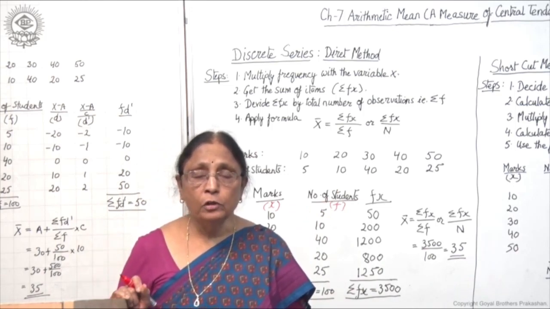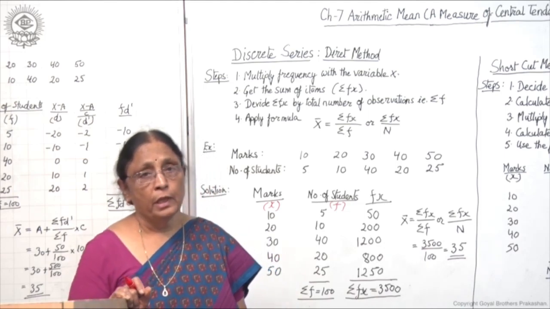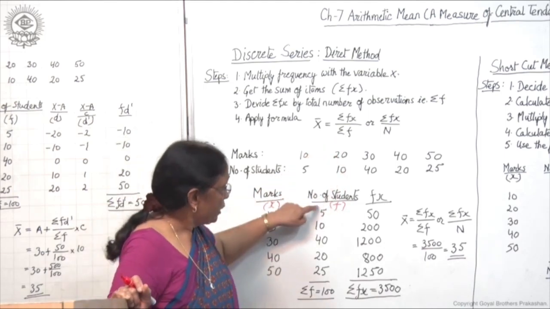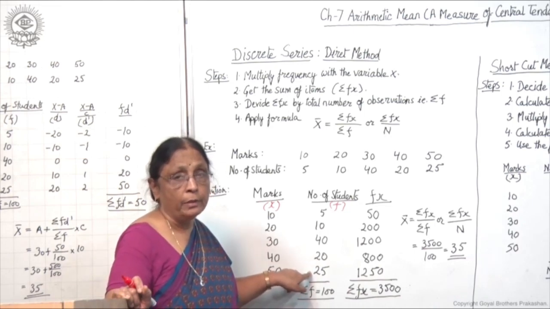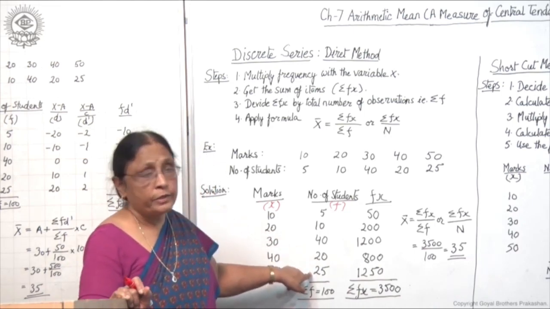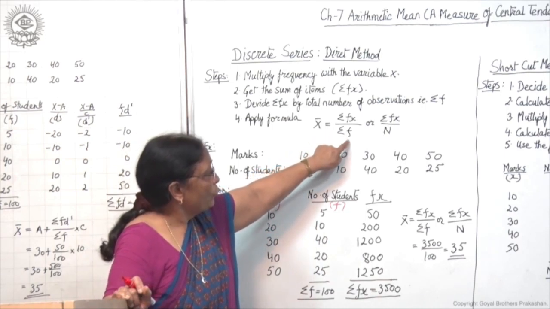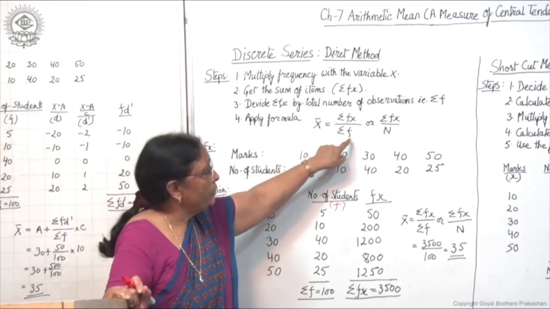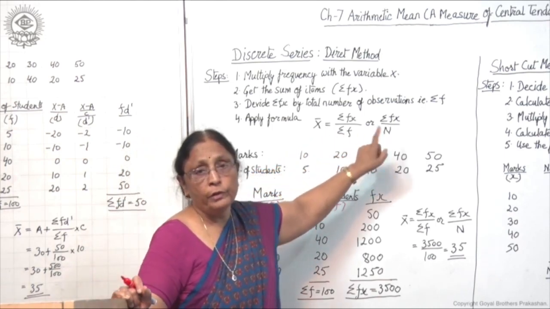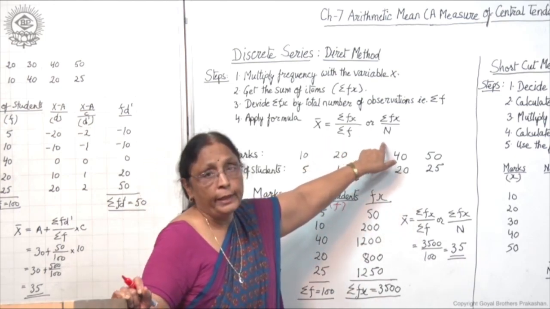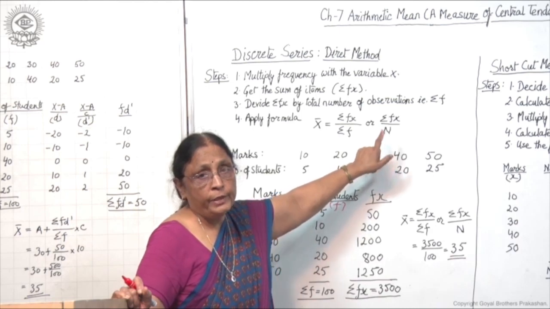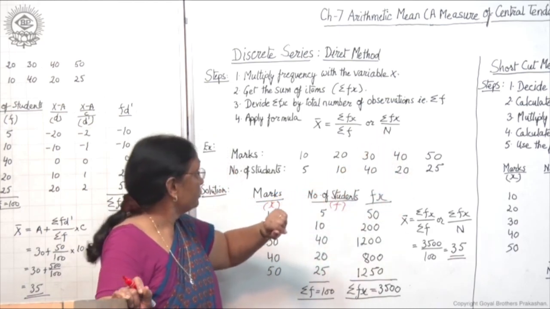N stands for number of items, and frequency shows the number of times a particular value appears in the series. So sigma f, the total of the f column, will be the same as the total number of items. So either you write sigma f or you write n. That means the same thing.